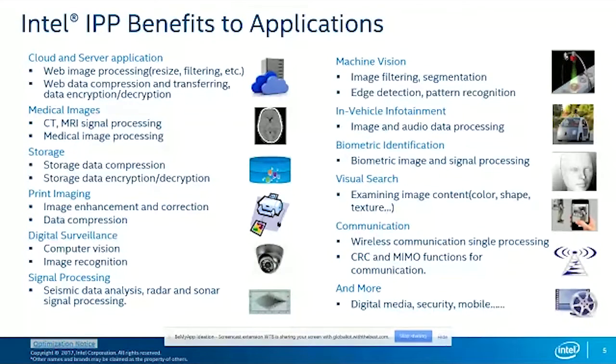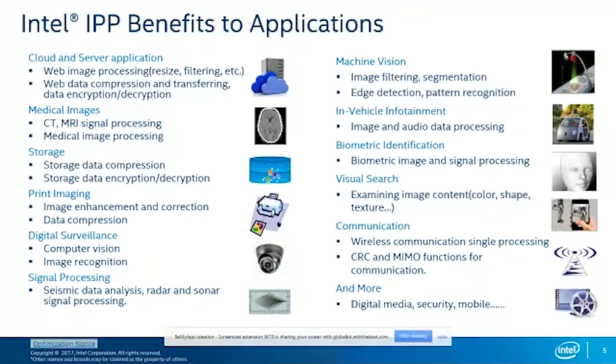If a new processor comes out, we will release new versions of the IPP libraries. For users, you just need to relink your application to the latest IPP libraries. So you can get very good performance and take advantage of the new processors. You don't need to rewrite your code with special optimizations. The library itself can do all of this work. That is one of the reasons we want to provide an optimized library for these domains.